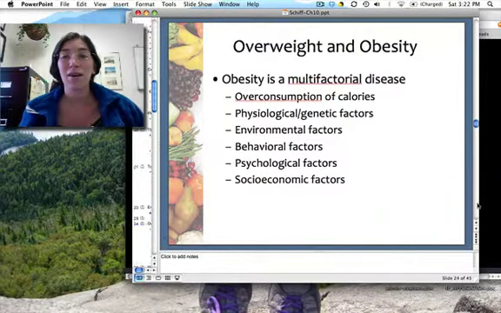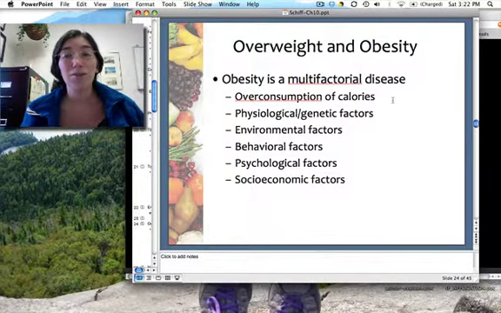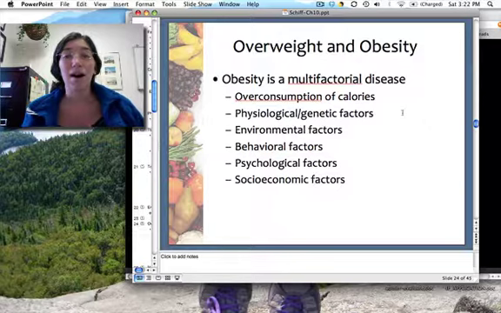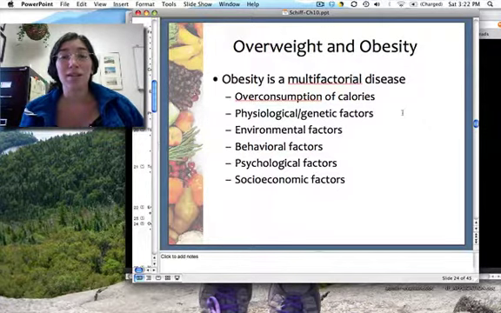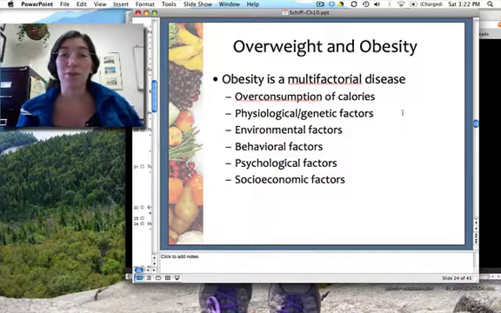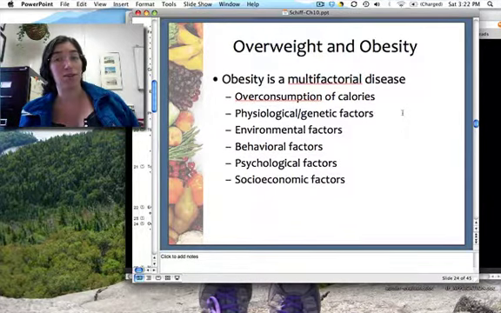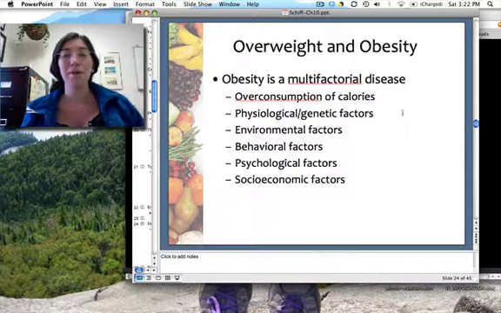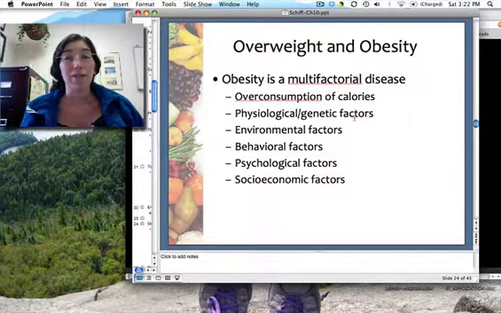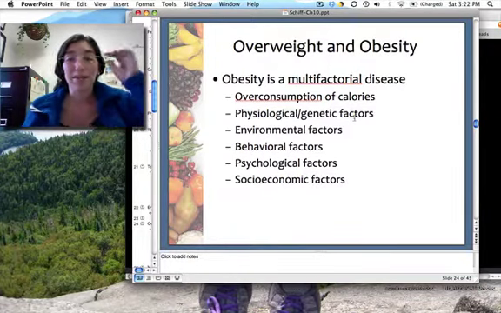Okay? So overweight and obesity occur for a lot of different reasons. One is overconsumption of calories. In a lot of cases, overweight and obesity in this country are simply caused by having that positive energy balance. Too many calories, not enough physical activity. But there are other biological causes of obesity or contributors to overweight and obesity.